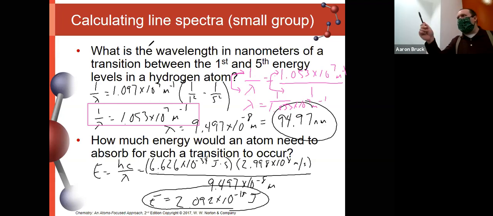Most of you, however, are walking around with scientific or graphing calculators, and you should have a button that looks a lot like this. For some of you, it's in the direct functions, and for some of you, it's in the secondary or shift functions. That x to the -1, the -1 power, in mathematics is the reciprocal.